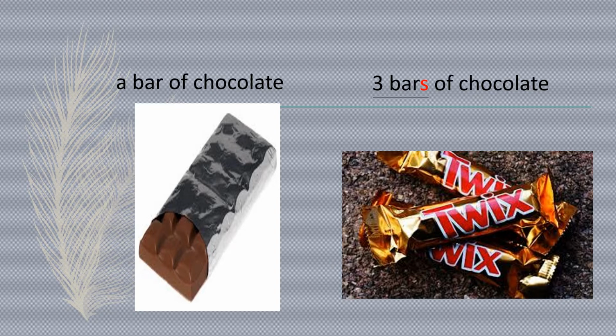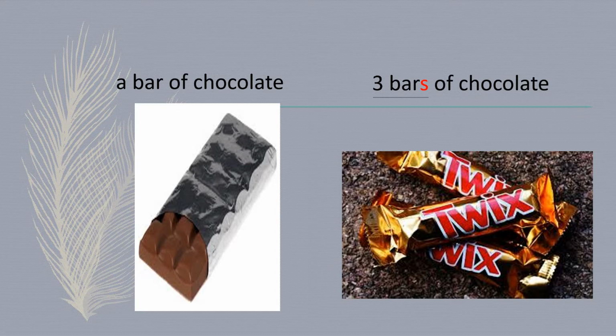Here we use the containers of these uncountable nouns. For example, a bar of chocolate. Here you want just a bar of chocolate. The word chocolate is uncountable, but when I say a bar, it becomes a countable noun.